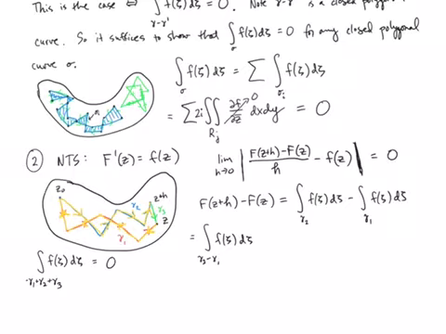So that means that the integral of f along minus gamma 1 plus gamma 2 is equal to the integral along negative gamma 3 of f of zeta d zeta. Make sure I don't erase too much here.